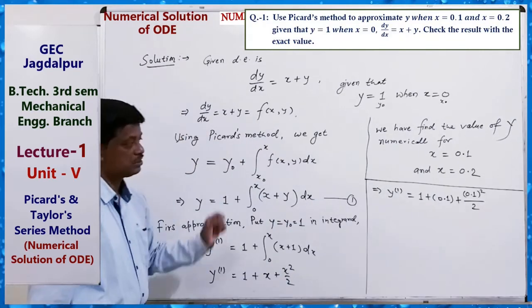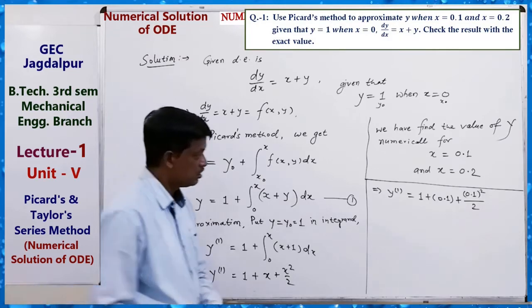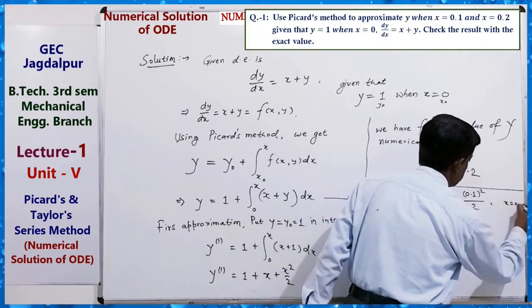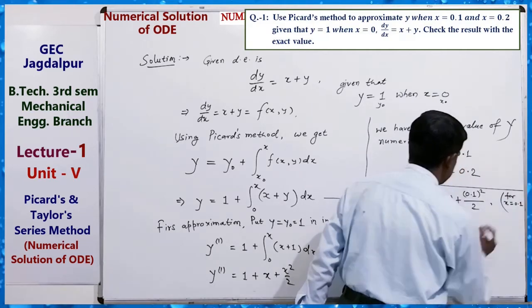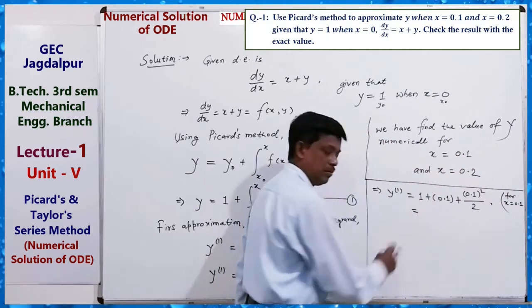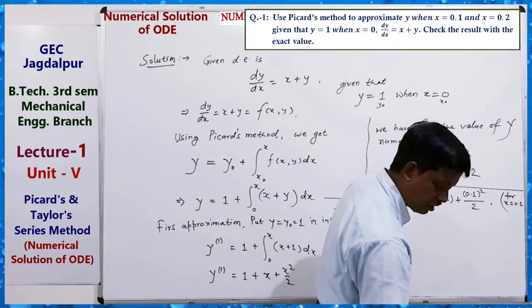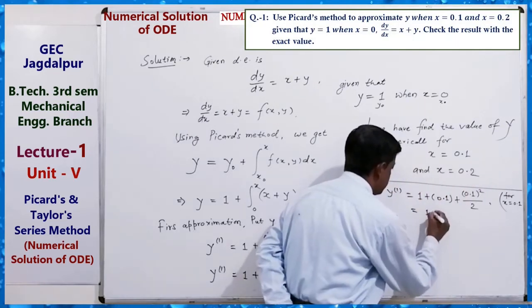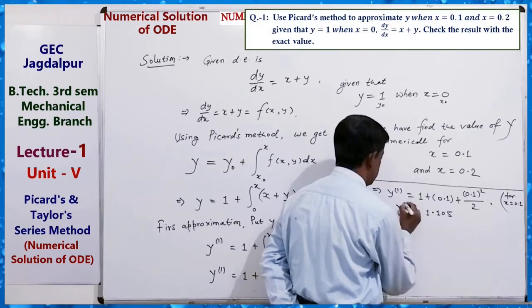So just do the process. Put x equals 0.1 in the first approximation, and this can be solved. Just do it by calculator. You can get 1.105, the first approximation.